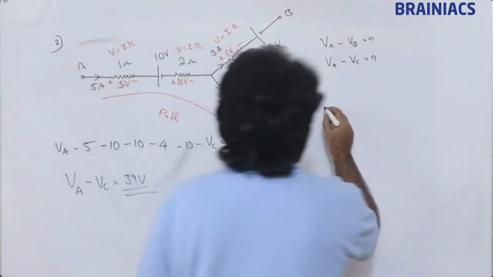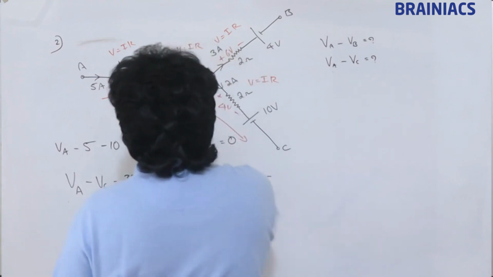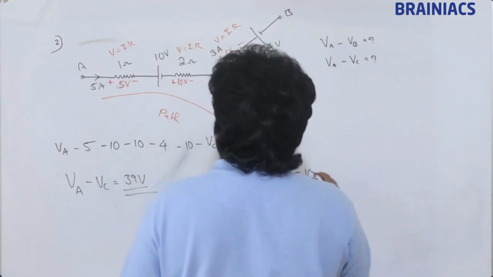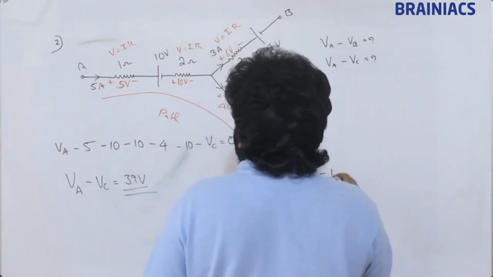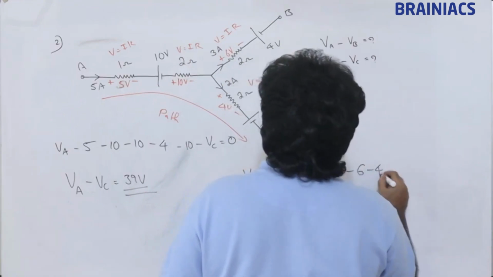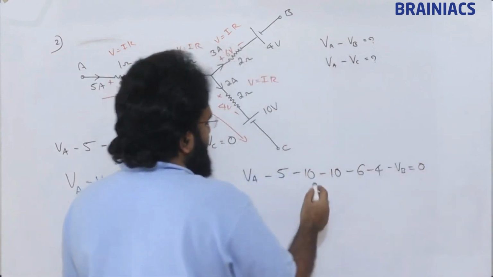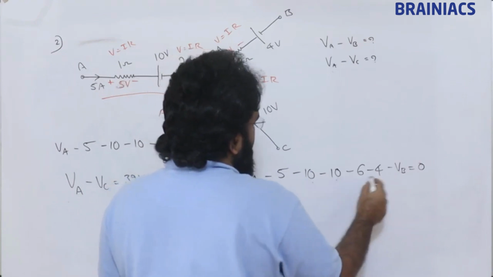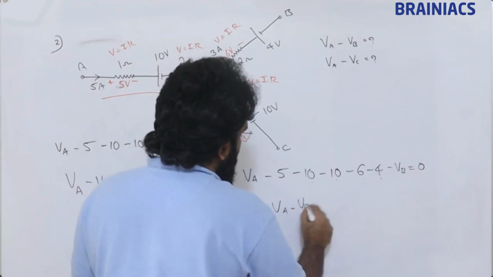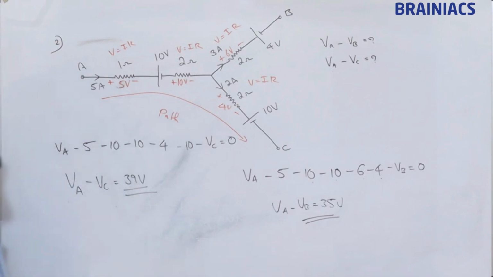What about VA minus VB? VA minus 5, then minus 10, minus 10 again, then minus 6, minus 4, minus VB is equal to 0. Correct? So 35. VA minus VB is equal to 35 volt we are getting. You understood the method, right?